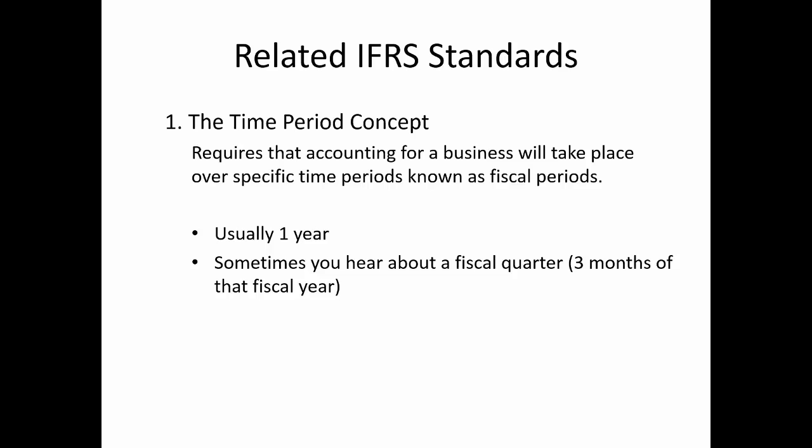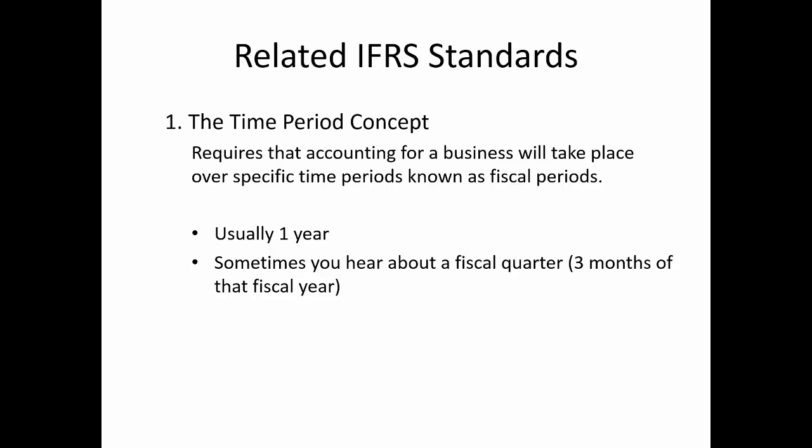Now, this might seem a little bit obvious in terms of talking about time periods, but part of it is to make sure that we're comparing apples to apples. So if we're looking at investing in two different businesses, for instance, we want to make sure that the data we're looking at is for the same length of time. It may not always be the exact same time period, but it's always the same length of time, and that's very important.